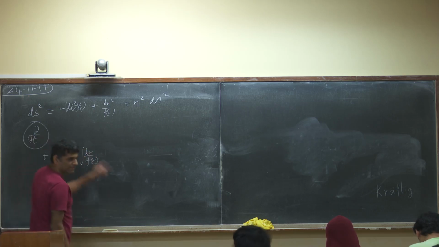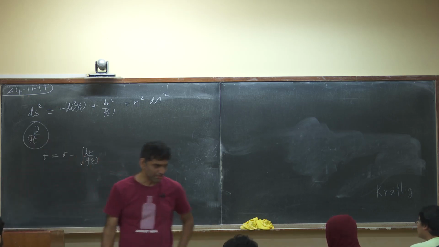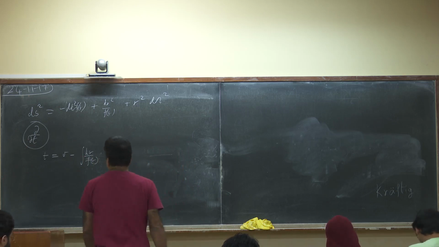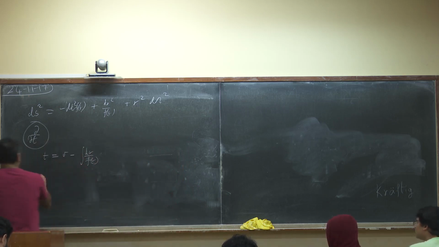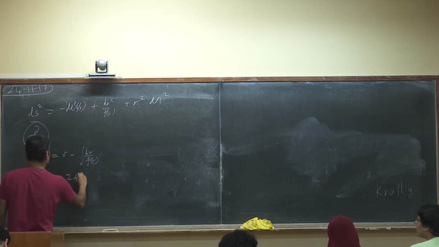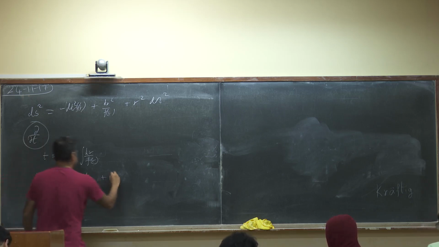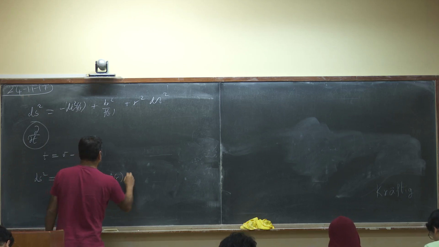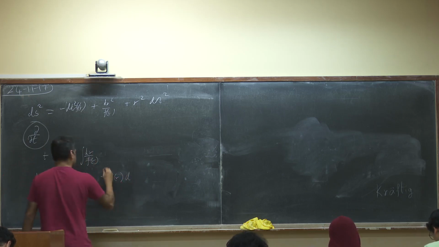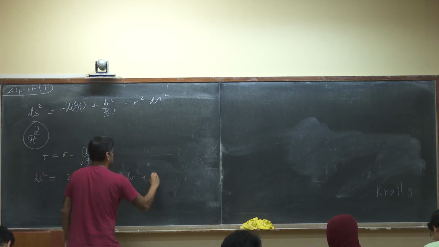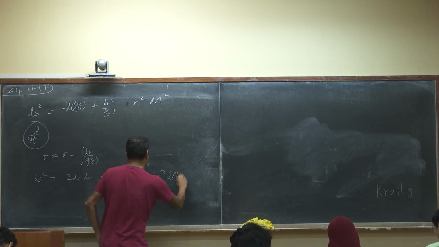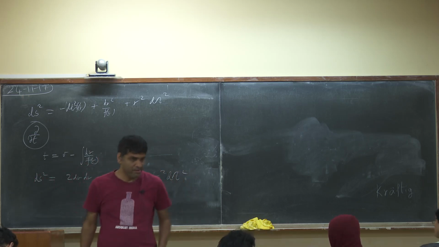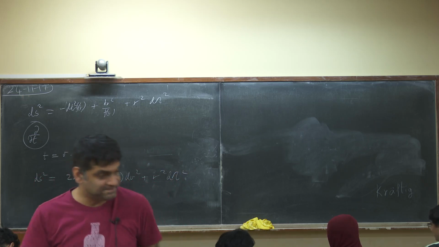The details again will not matter. In these coordinates, as you know, ds squared is equal to 2 dv dr minus f of r dv squared plus r squared d omega squared. All this you know, we've gone through this many times.